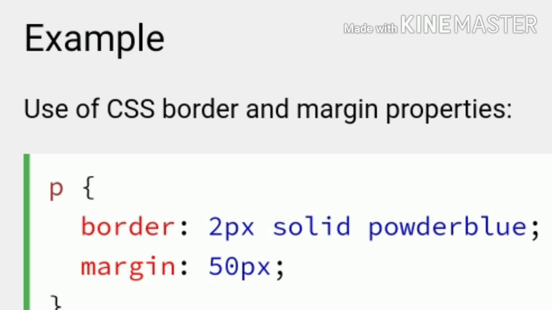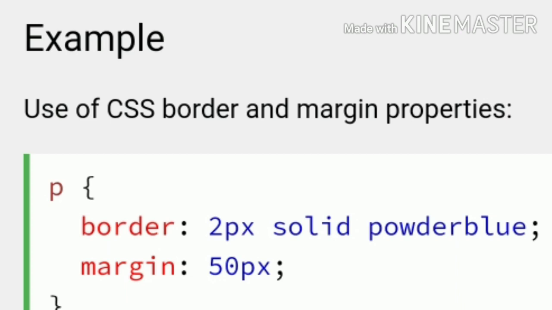Open curly braces, and in between write the code: border colon 2px solid blue, ended with a semicolon. After that use margin colon 50px, close the curly braces, close the style tag with a backslash style, then close the head tag with a backslash head.